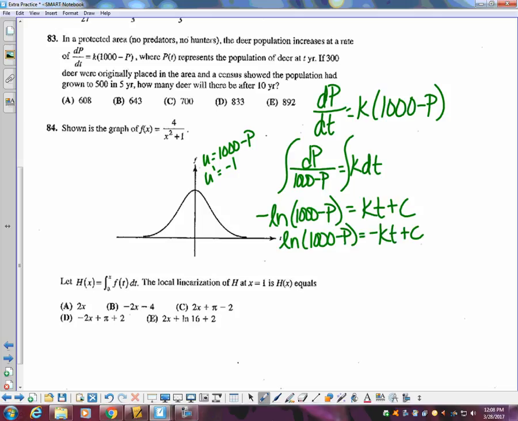I'm still going to leave my c positive because it just stands for a constant. Now I'm going to snail it with my e, so e to the negative kt plus c equals 1,000 minus P. And again, you know what you can do with that c right there.